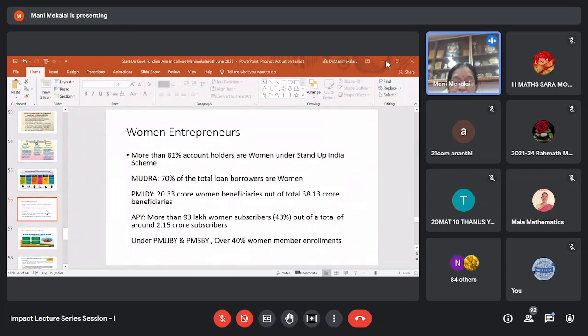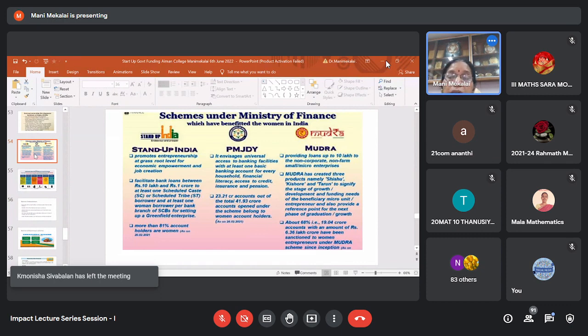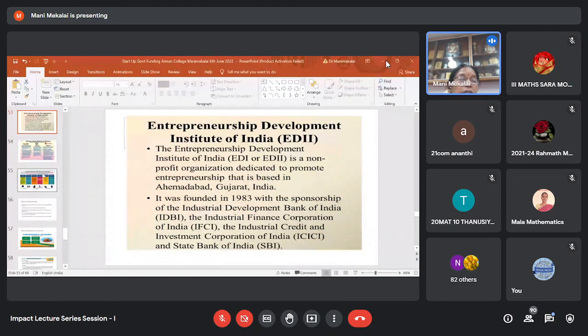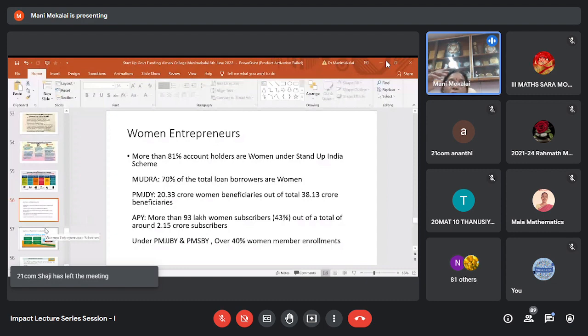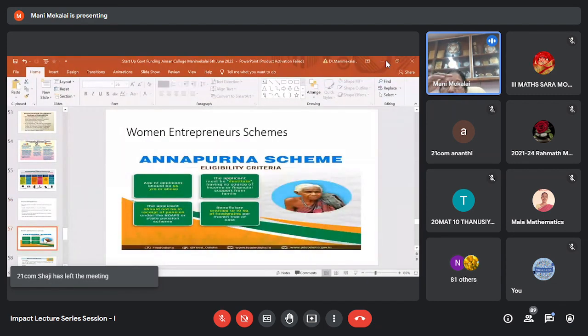And in the Prime Minister Jan Dhan Yojana also, there are around 20.33 crore women beneficiaries. Then APY also 93%. So it in a way indicates that in some of the welfare schemes, we are not talking about welfare schemes but entrepreneurship schemes, more women are being captured than men.